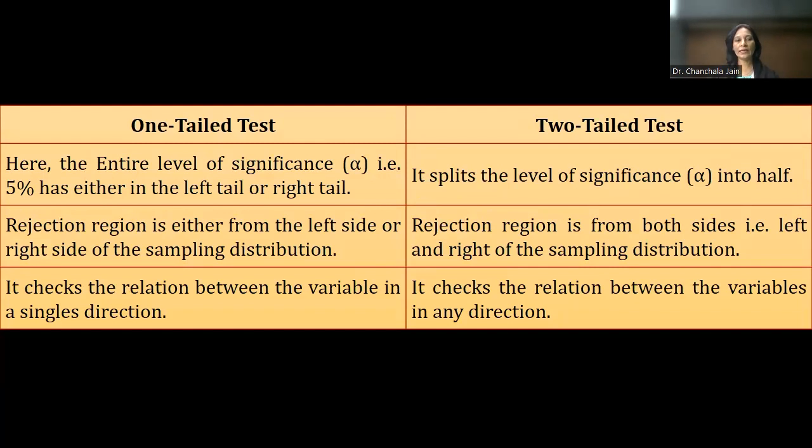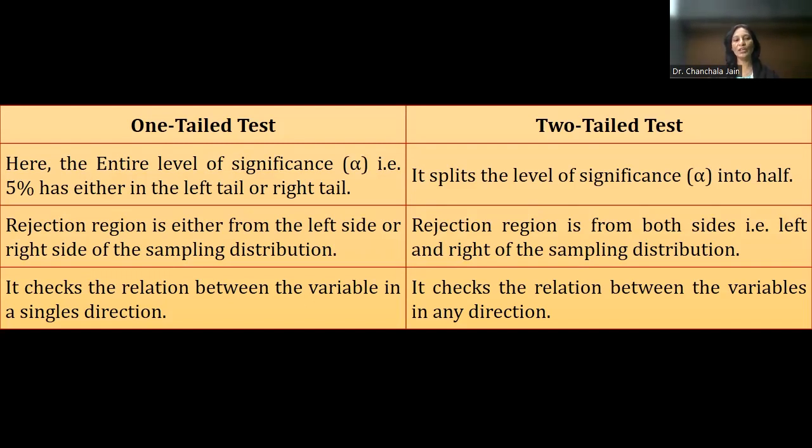In a one-tailed test, the entire level of significance, that is alpha, maybe 5% or any other percent, lies on either the left tail or the right tail. When we talk about a two-tailed test, the level of significance is split into two parts and falls on both tails. The rejection region in a one-tailed test lies either on the left side or on the right side of the sampling distribution, whereas in a two-tailed test the rejection region lies on both sides.